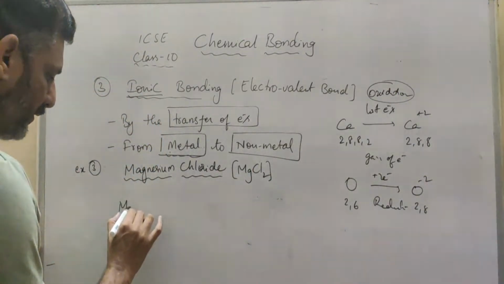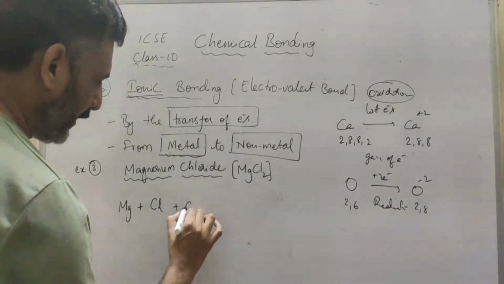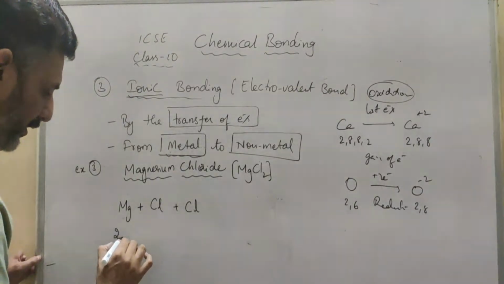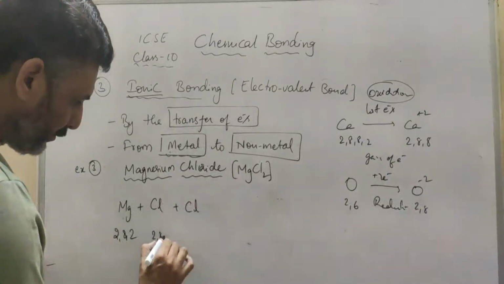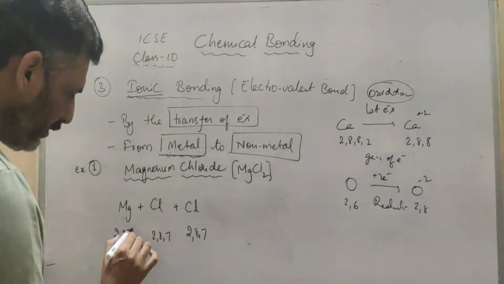So one magnesium atom, Cl2 means 2 chlorine atoms we are taking. We'll see why we are taking 2 chlorine atoms. Magnesium's electronic configuration 2, 8, 2, chlorine 2, 8, 7. This is also chlorine, same identical 2, 8, 7.